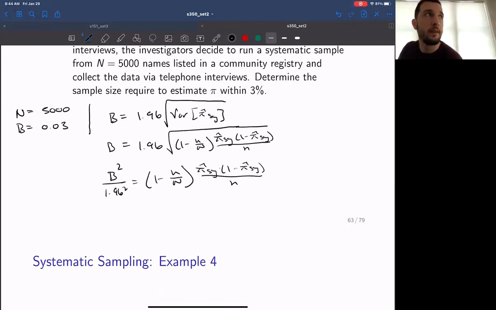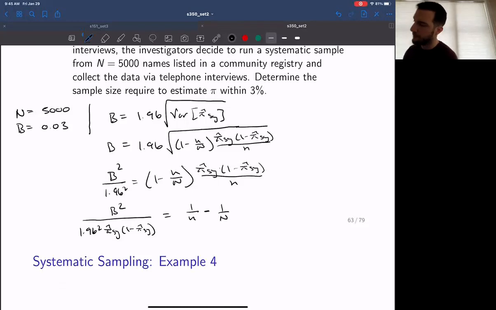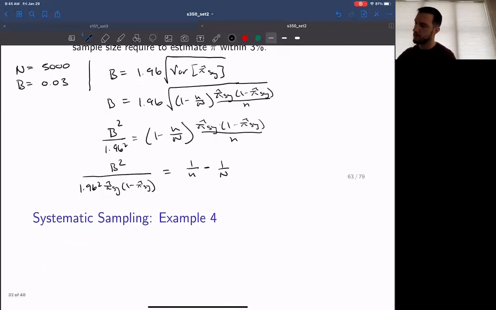Right, and then we can show that this thing turns into b squared divided by 1.96 squared multiplied by pi hat sy (1 minus pi hat sy), which is equal to 1 over n minus 1 over capital N. All right.